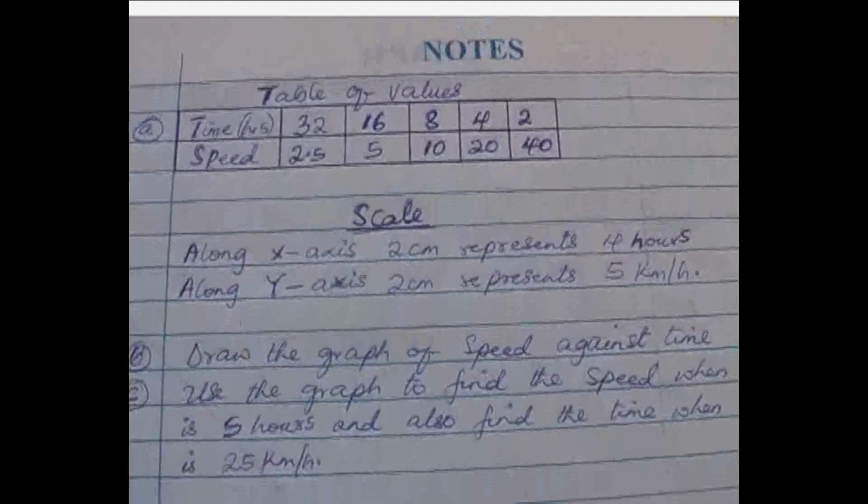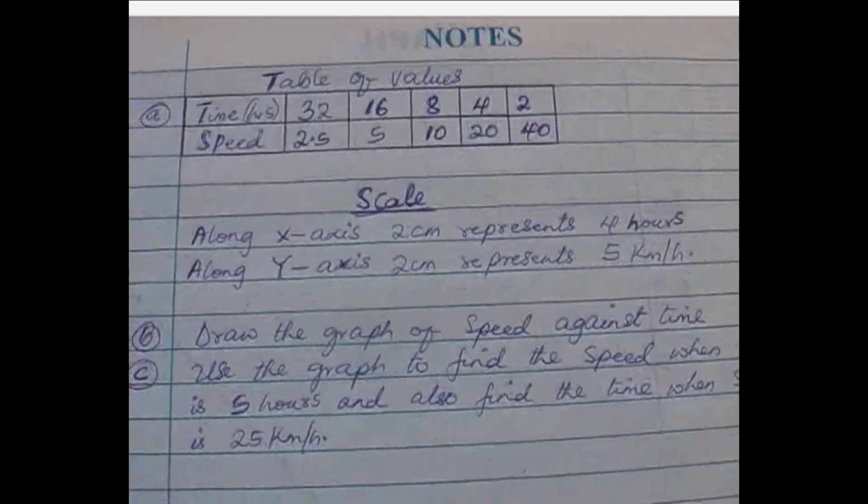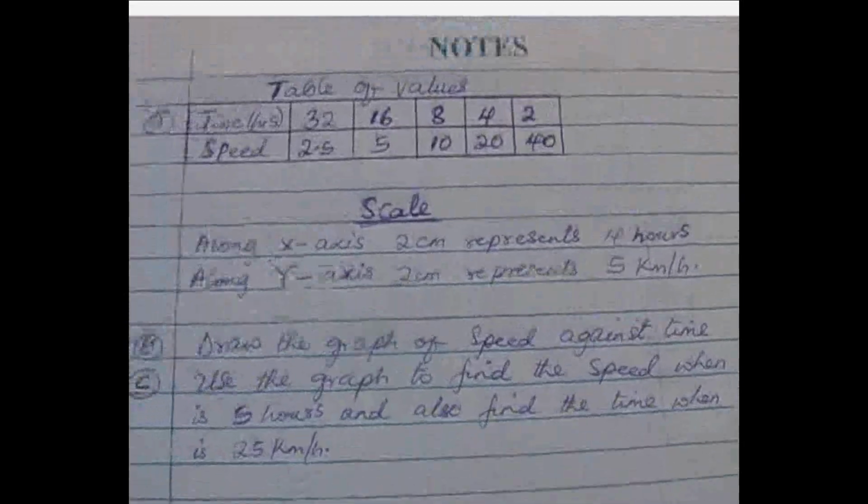I hope you can see the scale now. It says along x-axis. This is the x-axis. The x-axis is the axis that runs from the left to the right, while the y-axis is the axis that runs from bottom to the top.